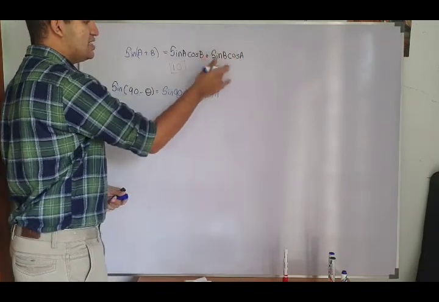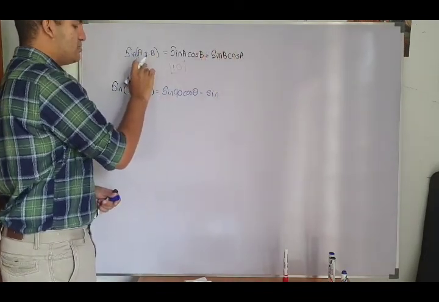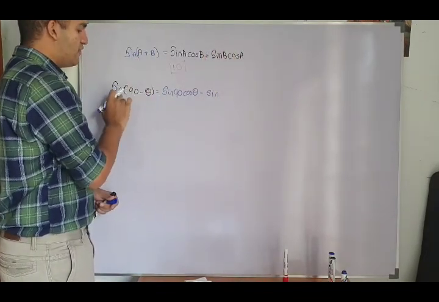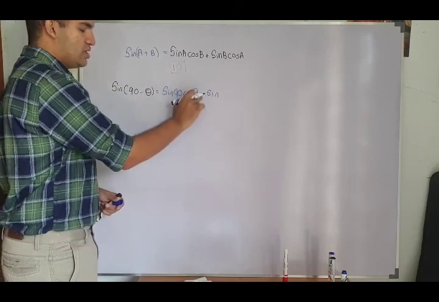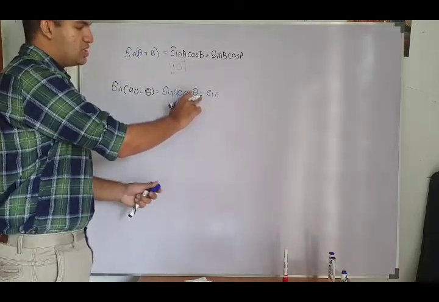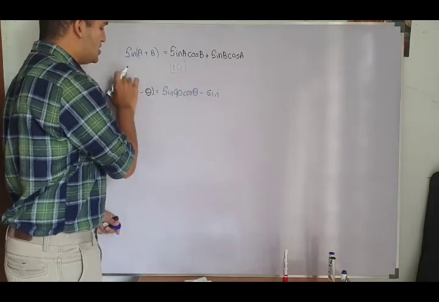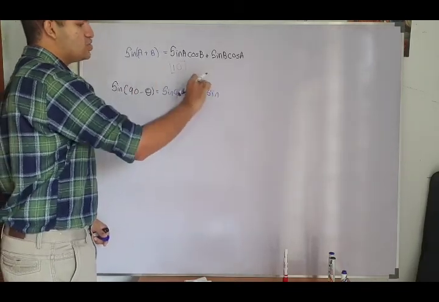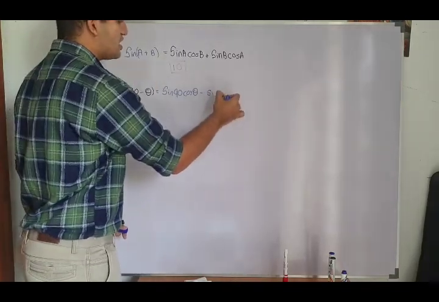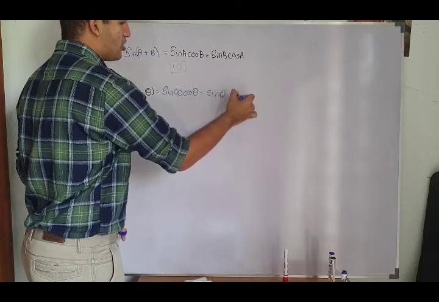Just like we did here, there was a plus sign, but when there is a minus sign for sine, we should subtract. In the cosine rule there is something else, right? So for sine, if there is a minus here, we should put a minus. So sin theta cos 90.